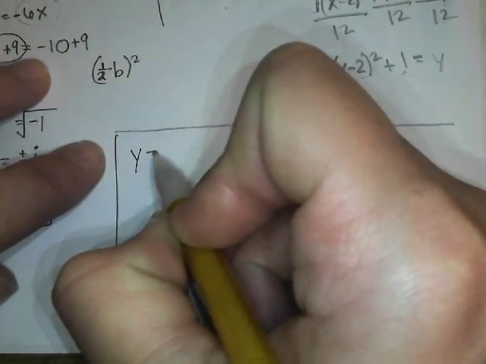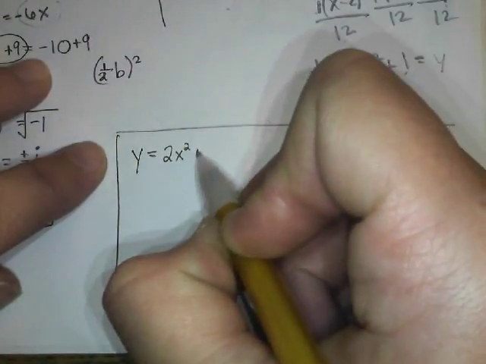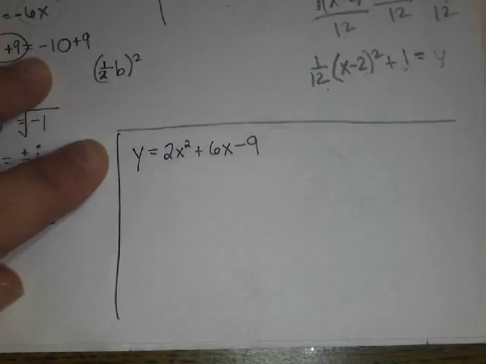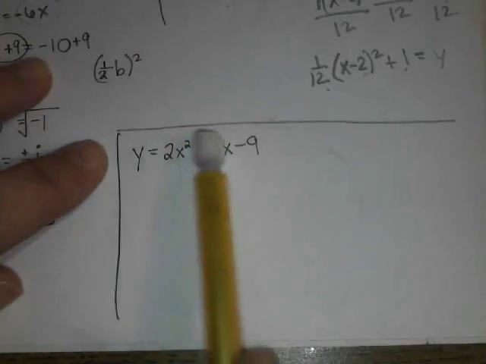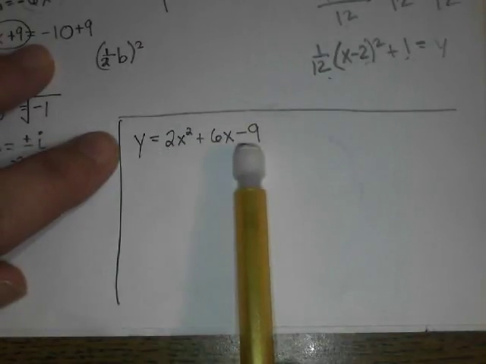This is a quadratic in standard form. What they're looking for you to figure out is how to change this into vertex form. So I'm going to complete the square in between to turn it into that.